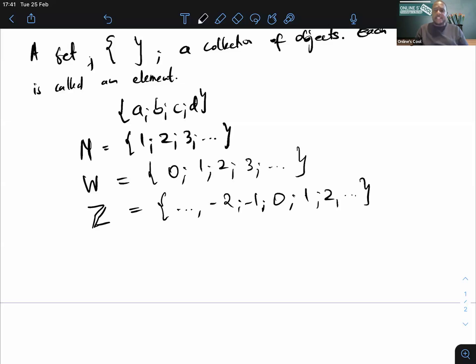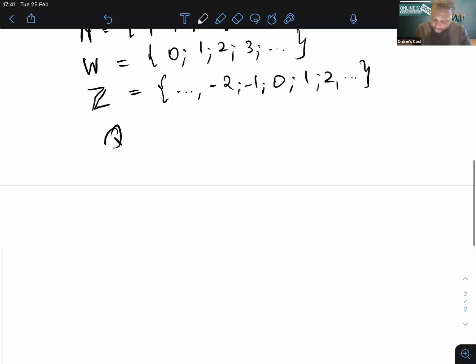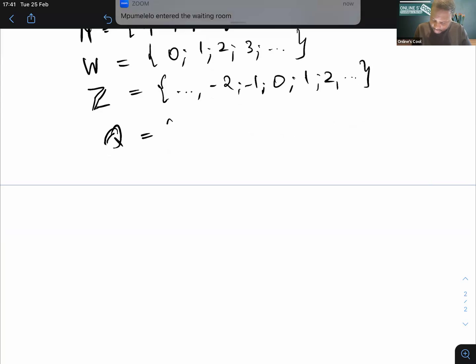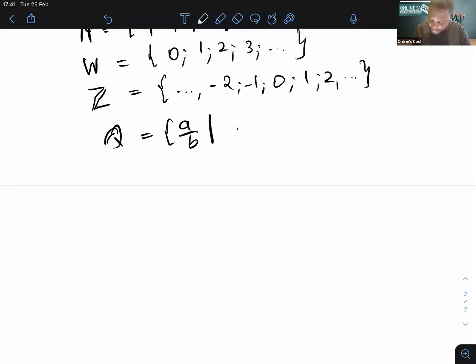All right. And then we also defined rational numbers, and we said that rational numbers is the set A over B such that A and B are elements of integers.